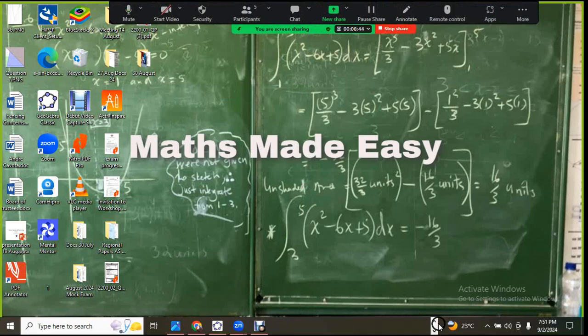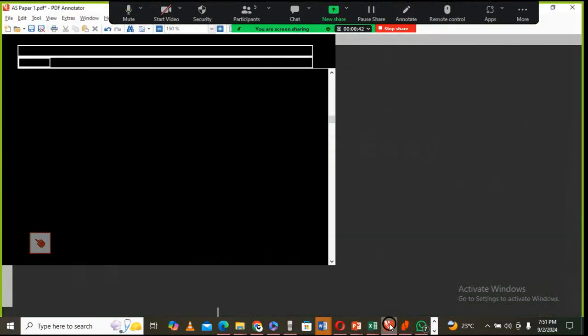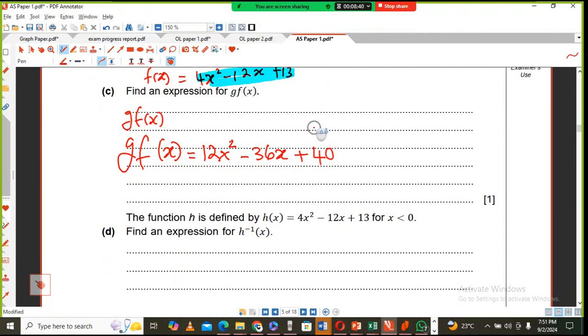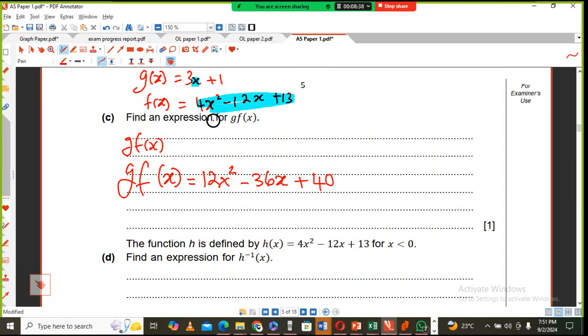Okay, anyway, you take this whole f, you input it there, you should be ending up getting that particular. So it's 3 in bracket. It's very easy for 1 mark.